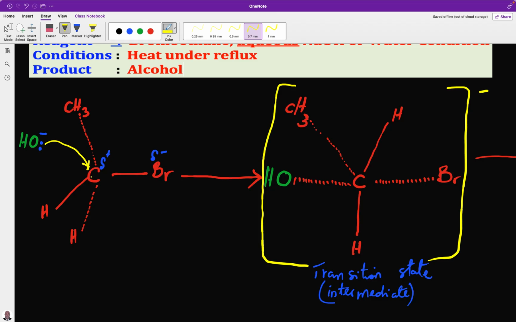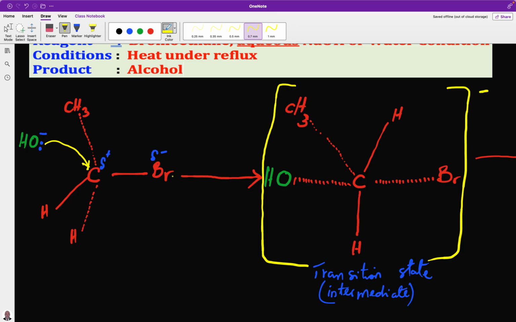Then, the partial negative bromine is doing what? As the nucleophile is approaching from the opposite of this bromine, as it is approaching the partial positive carbon to give a lone pair of electrons, what happened? It is at the same time repelling, pushing the bonding electrons in between the carbon and bromine towards the bromine.